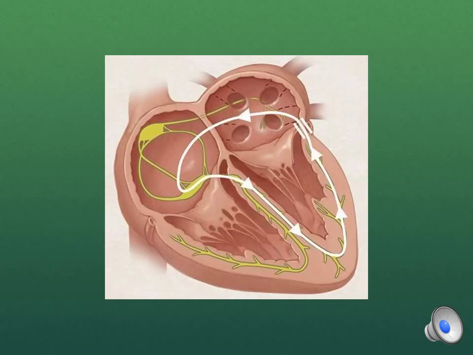Okay, so here we have an example of an orthodromic pathway. You note that you have your premature stimulus, starting just at the AV node. The stimulus hits the AV node, passes down into the ventricles, and depolarizes the ventricles in the normal accelerated fashion as it normally would in a normal complex.